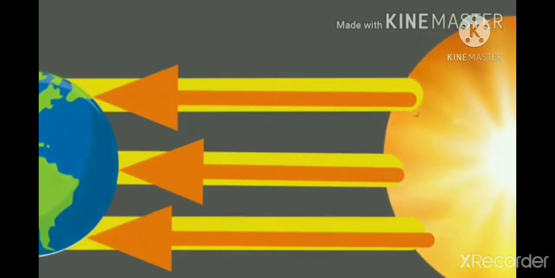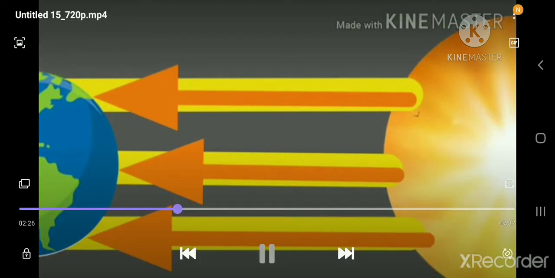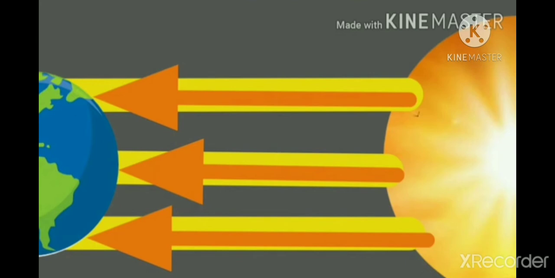Now let us see the explanation with the help of the sun and the earth, using the diagram or the experiment which we have seen before. With the help of that only we are going to learn this: consider the torch as the sun and the paper as the earth.